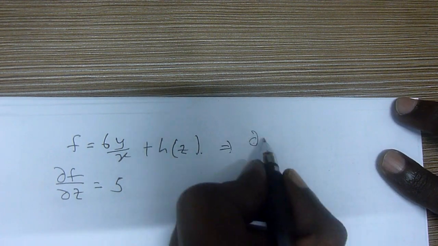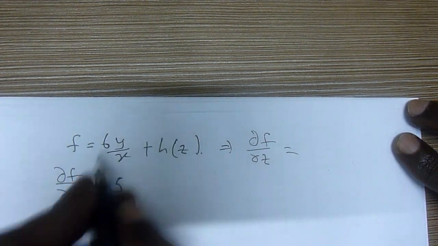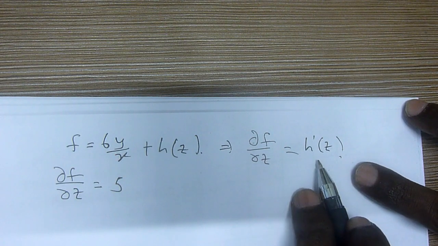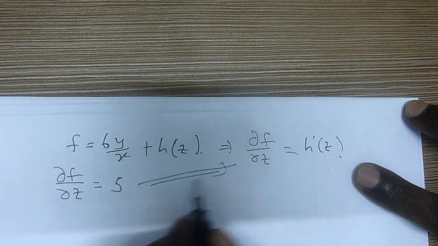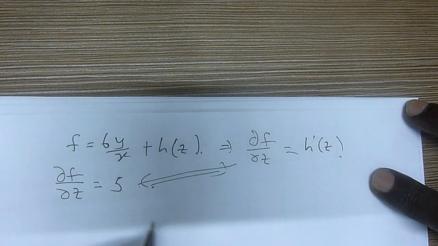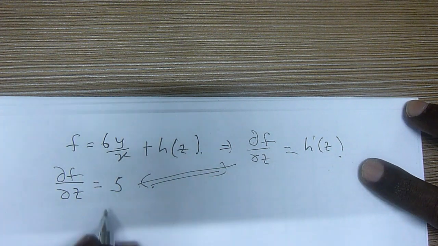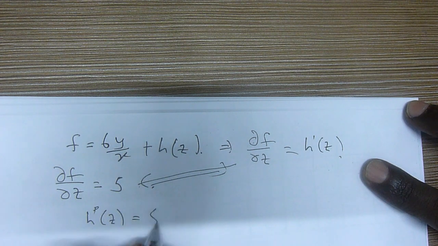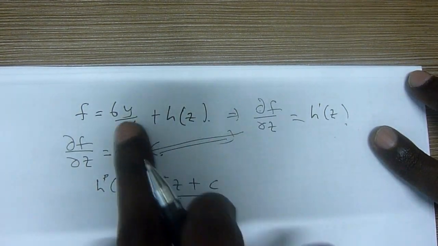We do del f over del z, then of course this becomes 0. h'(z) is something prime, right? And both are the same. Then if both are the same, what is h(z)? h(z) is 5z plus c, right? Can I take this and place it inside here?